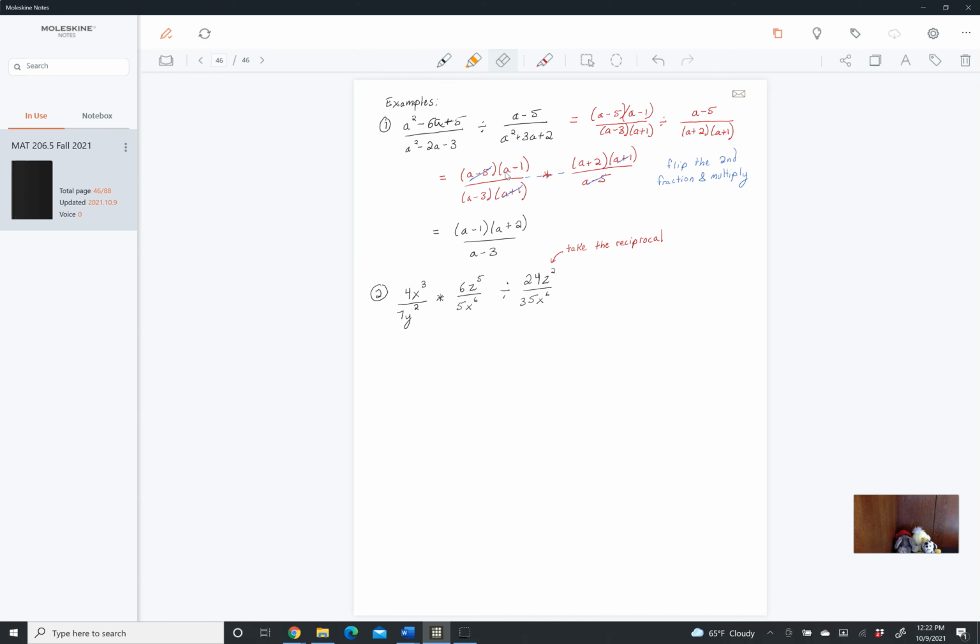So this is 4x cubed over 7y squared times 6z to the 5th over 5x to the 6th times 35x to the 6th over 24z squared.